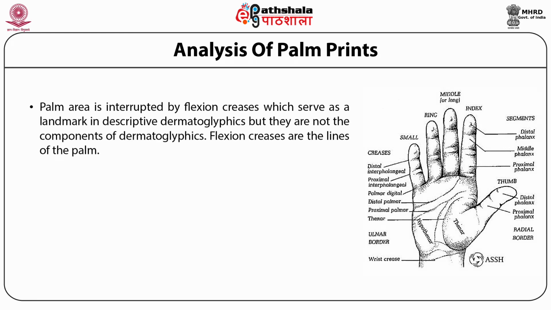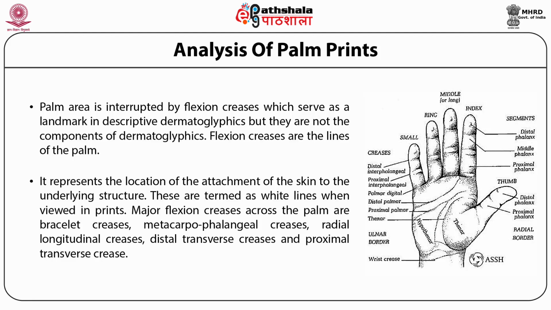The palm area is interrupted by flexion creases, which serve as landmarks in descriptive dermatoglyphics, but they are not a component of dermatoglyphics. Flexion creases are the lines of the palm. They represent the location of the attachment of the skin to the underlying structure. These are termed white lines when viewed in prints.